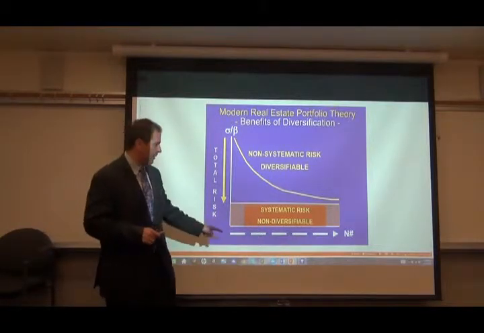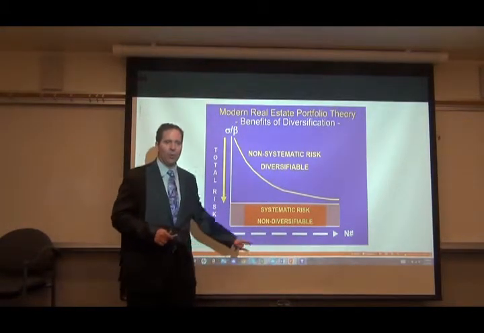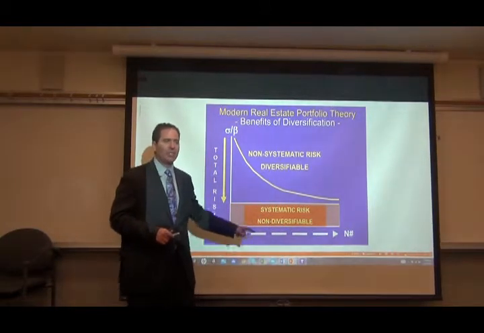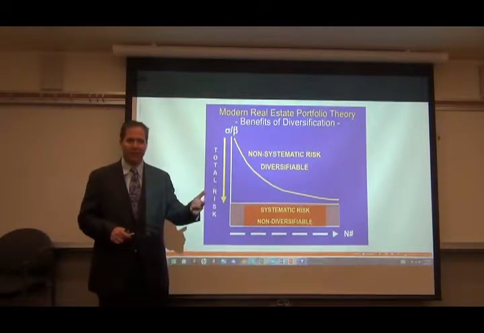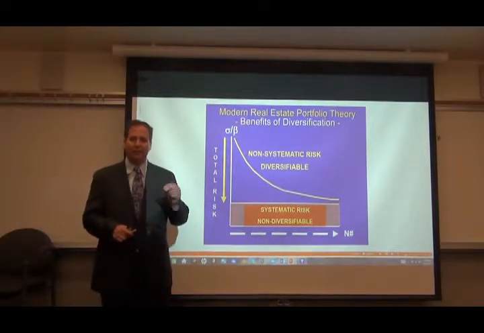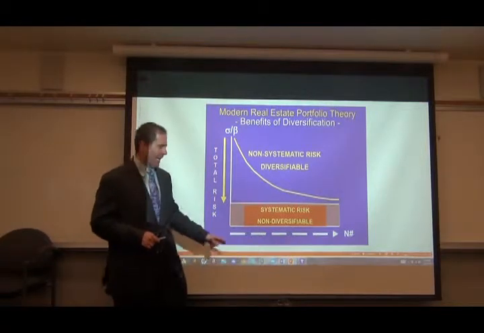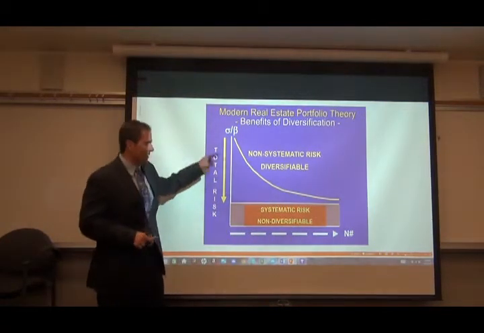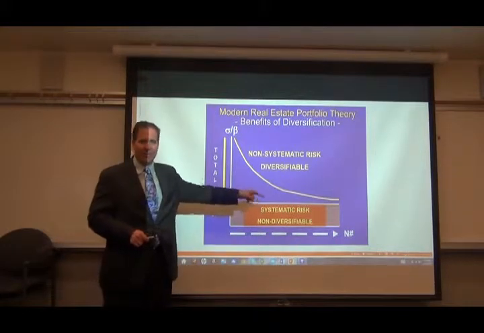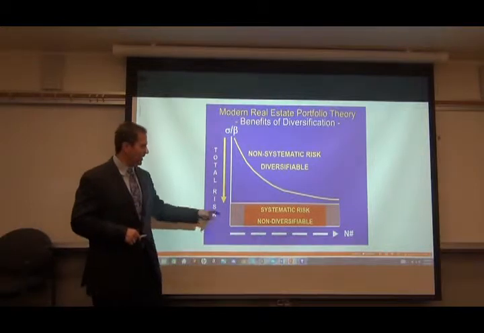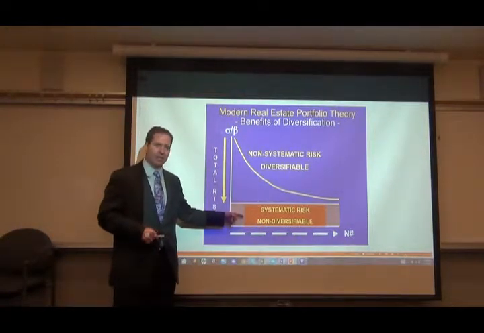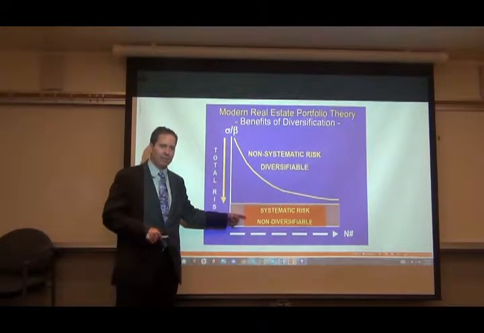So as you add more assets, more mortgages, more securities to your portfolio that have low, no, or negative correlation in the rates of return, you can diversify the portfolio. As you add more assets, the unsystematic, non-systematic, diversifiable, business-specific, real estate-specific risks are diversified away. So that the only thing that's left is the systematic risk, the market risk, the economic risk that's left in the portfolio.